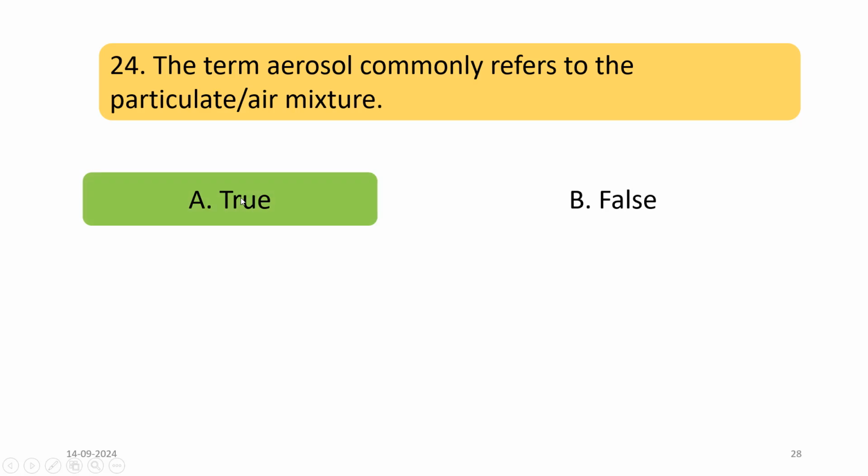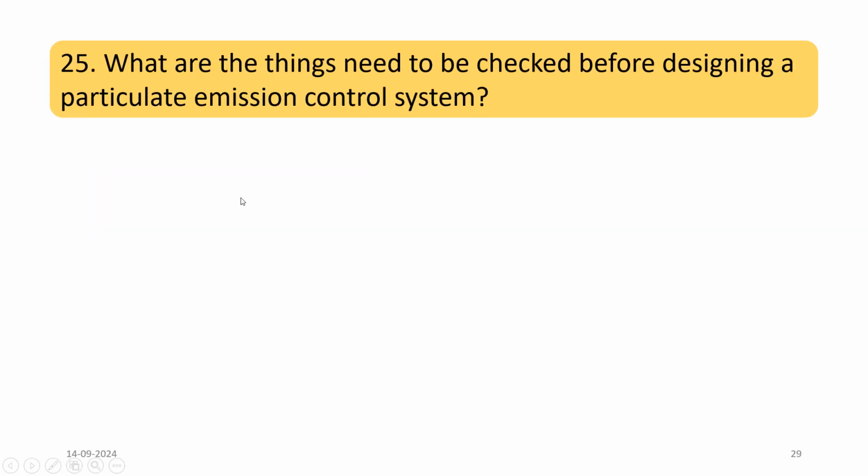Next question. What are the things that need to be checked before designing a particulate emission control system? Concentration of the particulate. Yes, it is the concentration of the particulate in the stream.